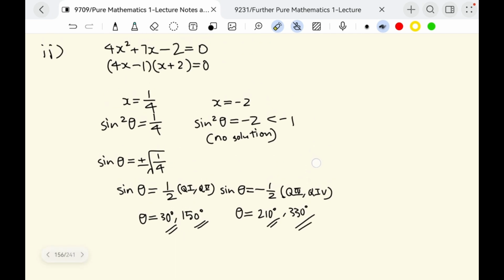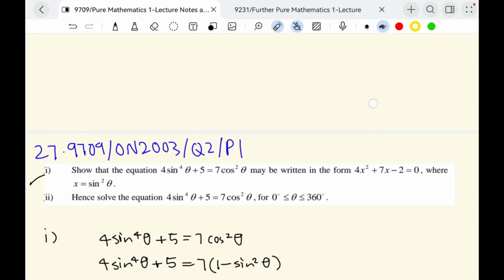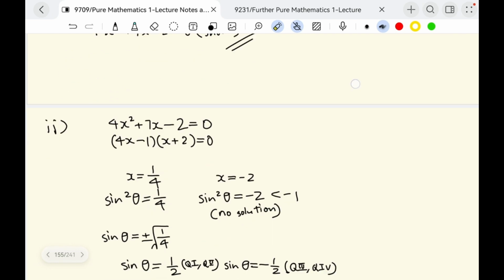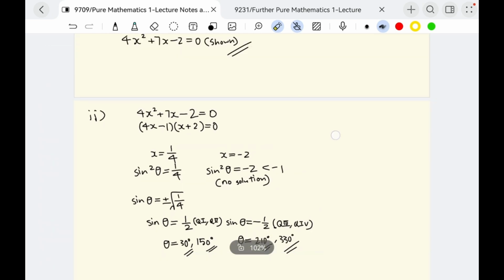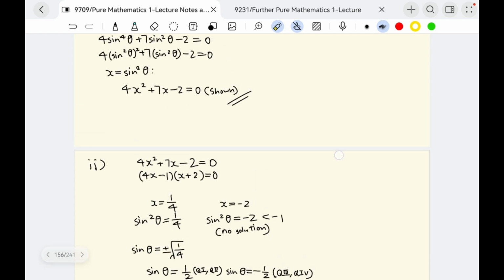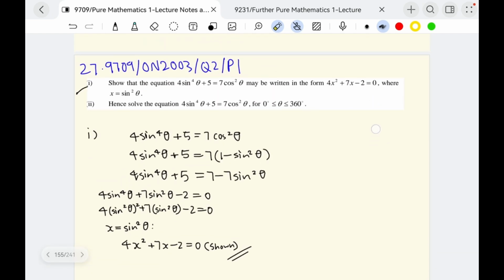Okay? All 4 of these are inside the range of the domain over here. So yeah, this is the tactics for you to solve the equations that involve multiple angles. Okay? So yeah, this is the best example. Okay, let's proceed to the next question.